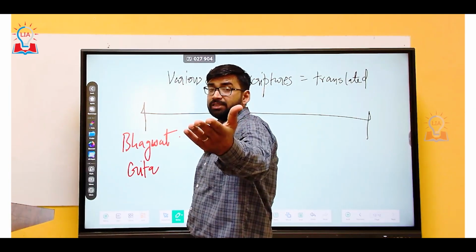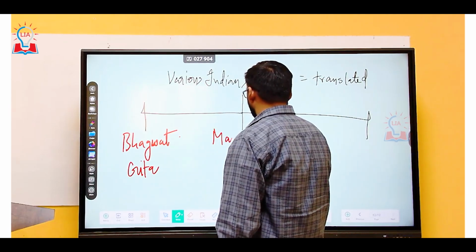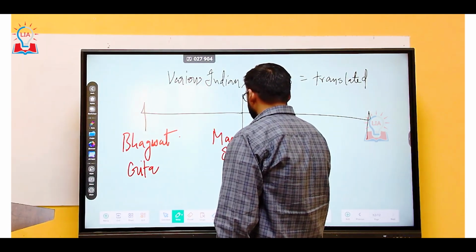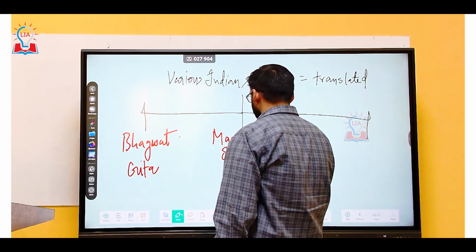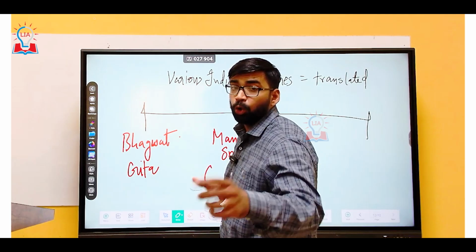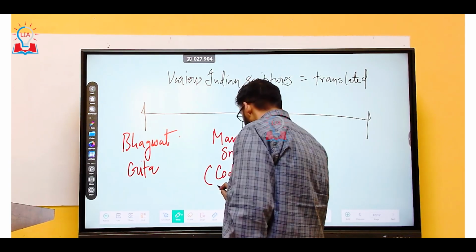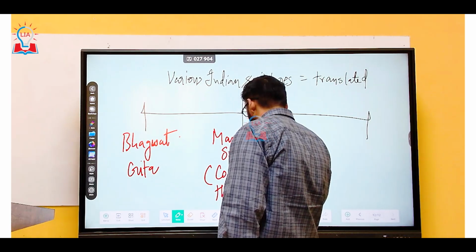Another important example, translation of Manu Smriti. And the name of its translation is called Code of Hindu Laws.